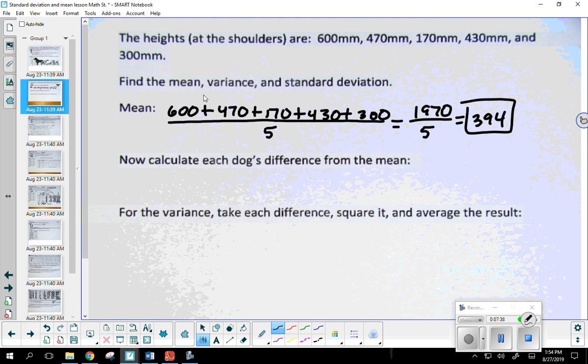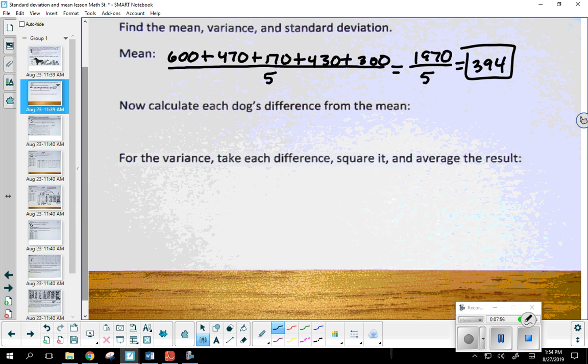There's the first part. Now what I need to do is find the squared differences. That means I'm going to take the original elements in my set from 600 all the way to 300. For each of them, I'm going to subtract the average that I just found. So I'm going to have 600 minus 394, which is going to give me what? 206.